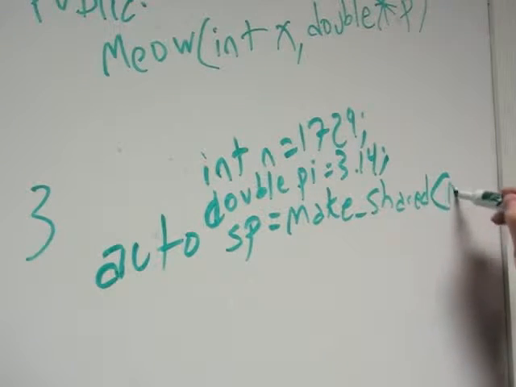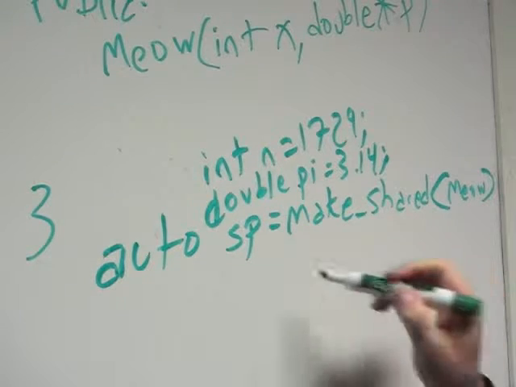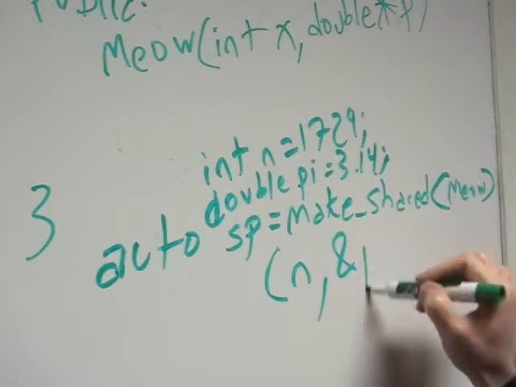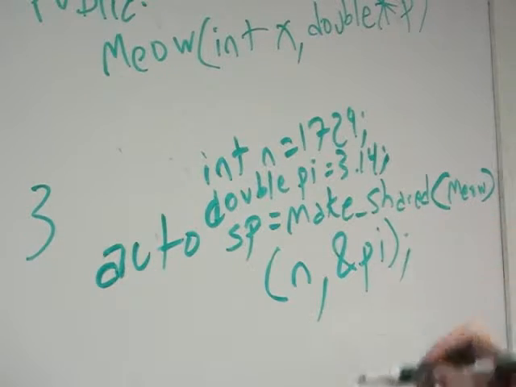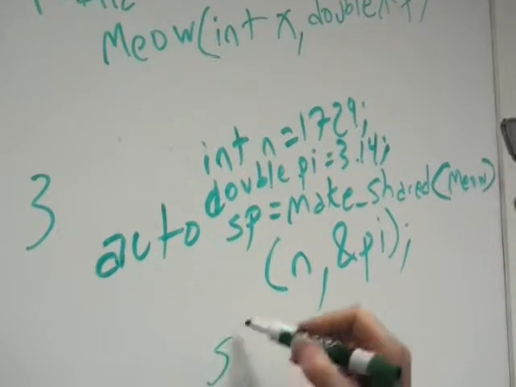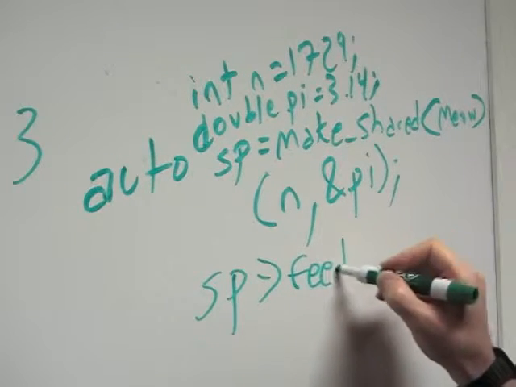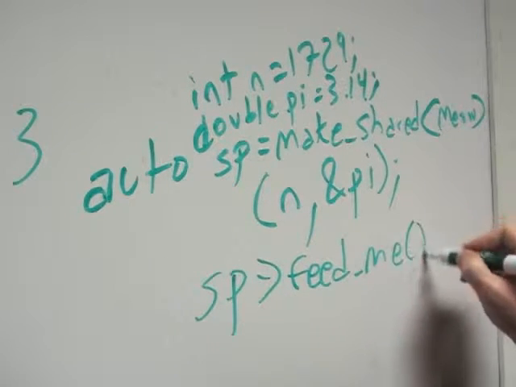And I say make shared meow, and I'm going to give it n and the address of pi. This will compile. And then I can go, call things on it, feed me. That's what cats like to say.